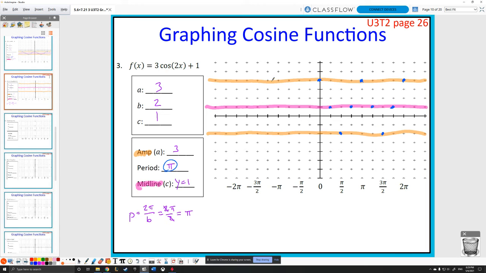So same deal here. I'm going to go ahead and draw these guys in here. And I'm going to sketch it out here. Ugh. So it will be a little bit sharper.